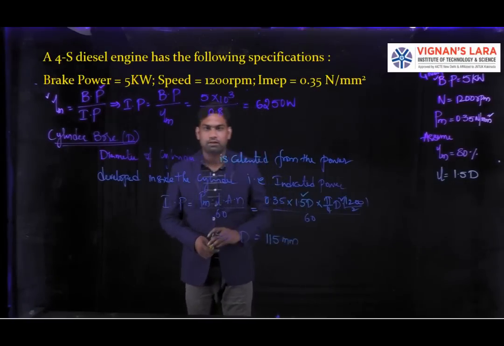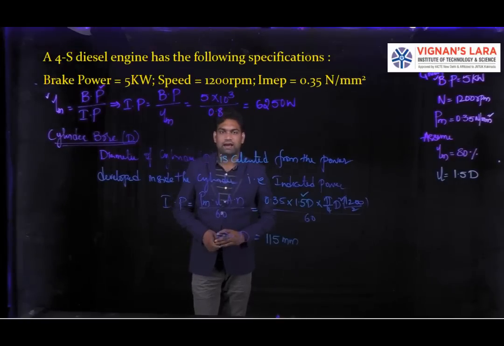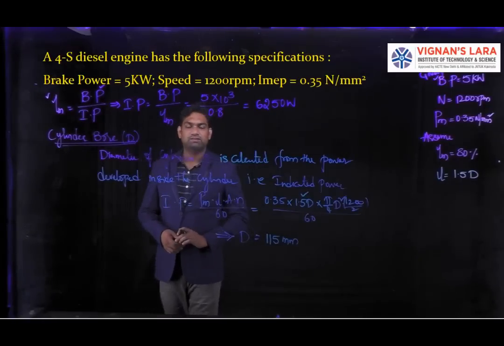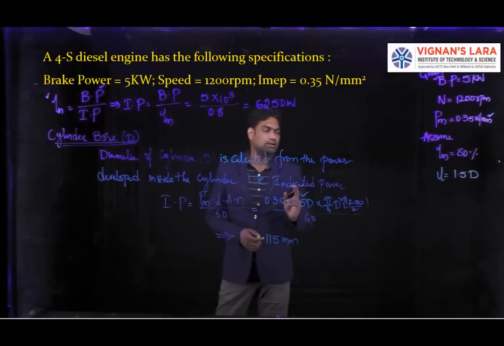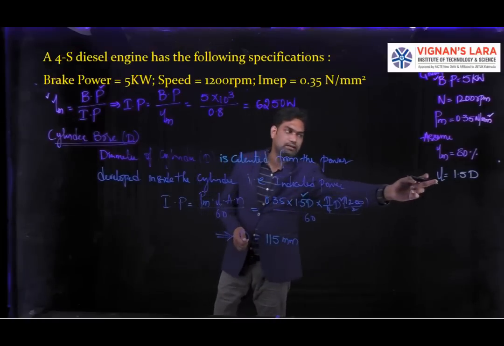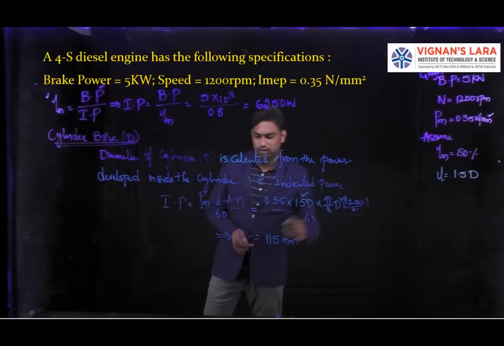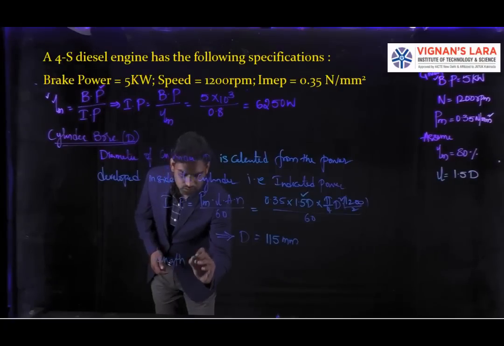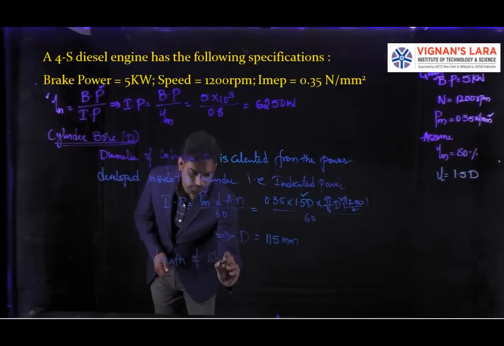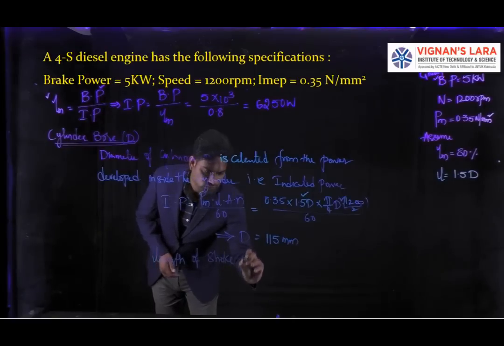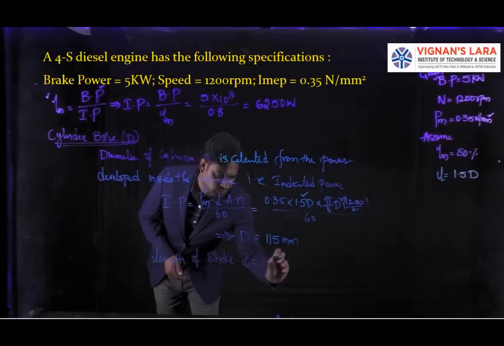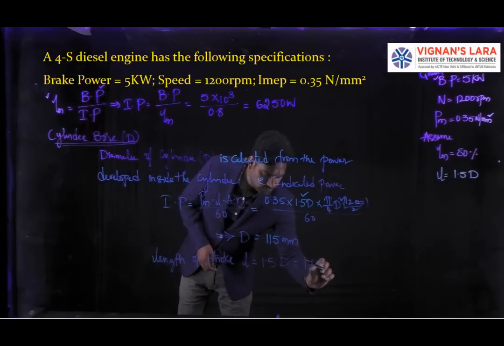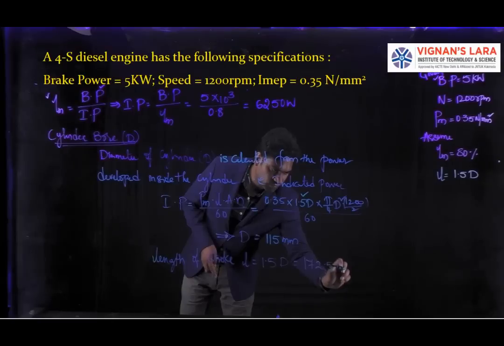115 mm. Clear? And then after calculating the cylinder bore, we need to calculate the length of cylinder. In order to calculate the total length of cylinder, first of all you can calculate the length of stroke, that is 1.5D. So length of stroke L is given by 1.5 times of D, and it is given by 172.5 mm.